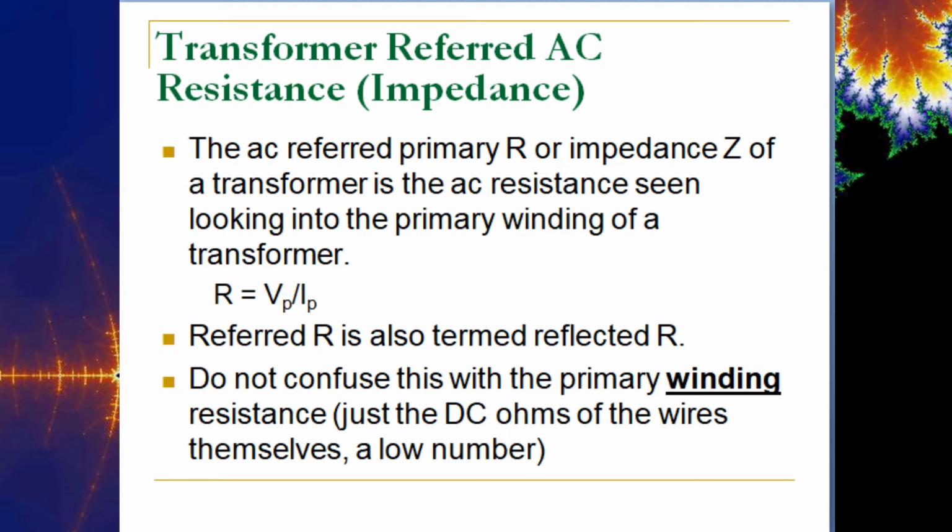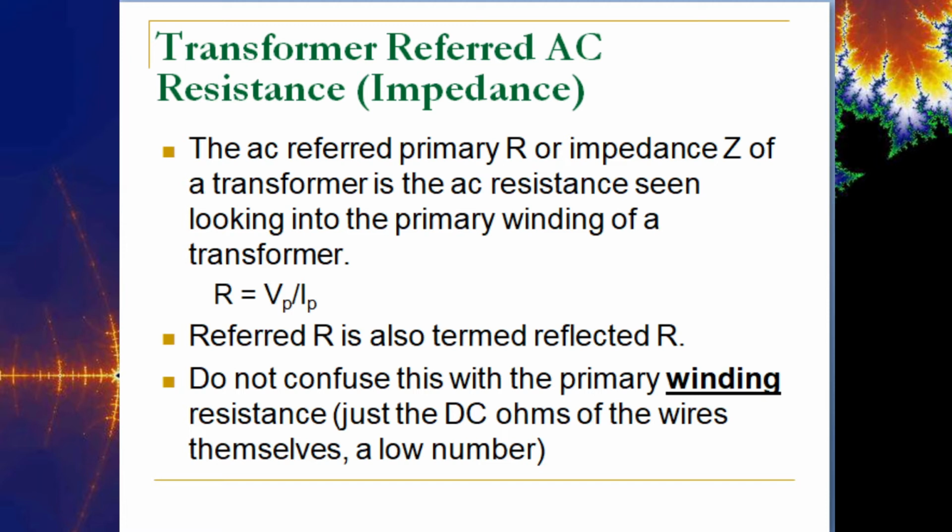I say at the primary because if you model a source correctly, it should be a source in series with some resistor, if you're going to model a source correctly with its Thevenin equivalent. So if you were to measure the voltage at the primary, not the source voltage, but the voltage at the primary windings and the current through the primary windings, and take that voltage divided by that current, you will see the reflected resistance back on the primary.